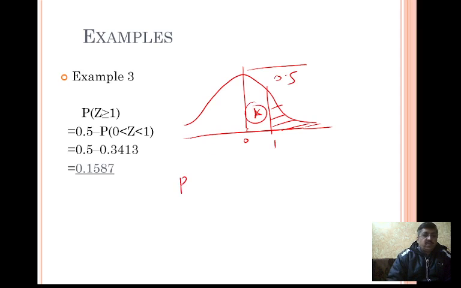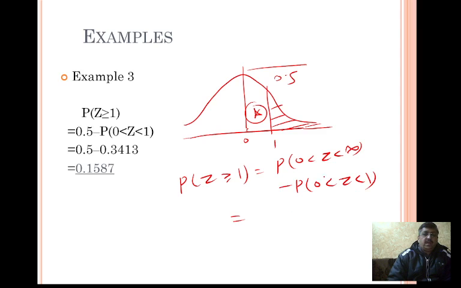What we can do is write probability of z greater than or equal to 1 as probability of z 0 to infinity minus probability of z 0 to 1, right? This value is 0.5, and this value we have just calculated from the table, 0.3413, and if you subtract it, you will get 0.1587, right?